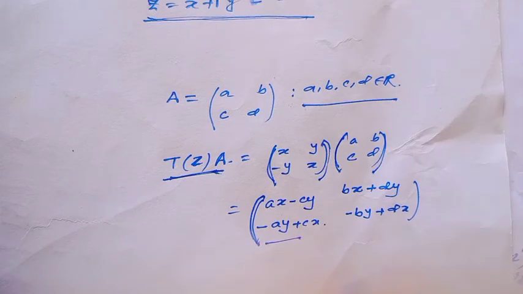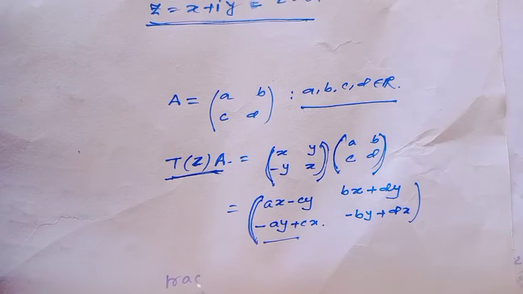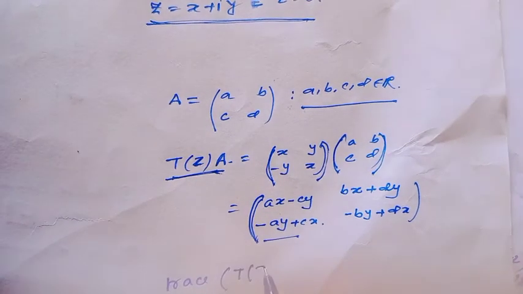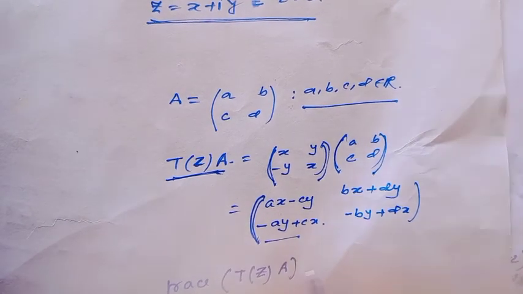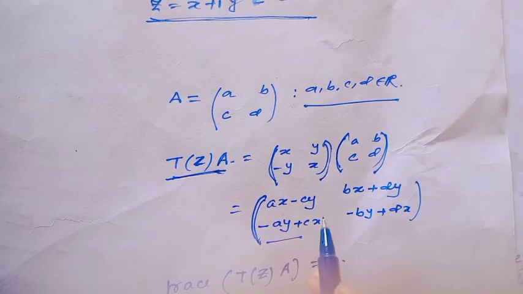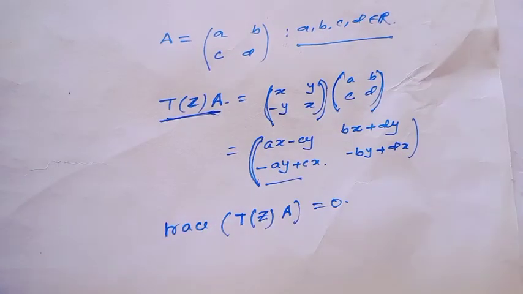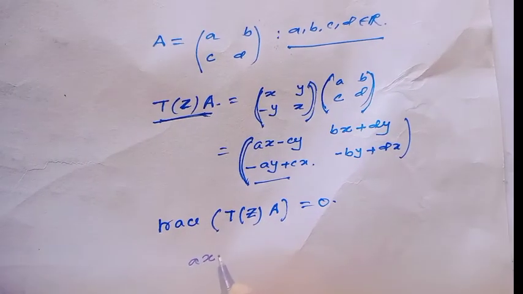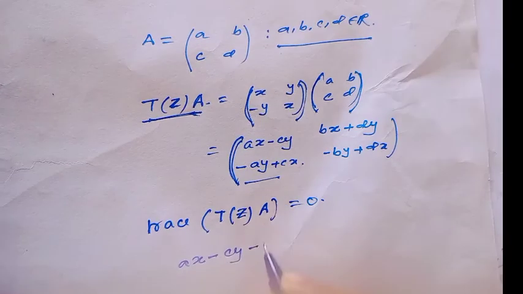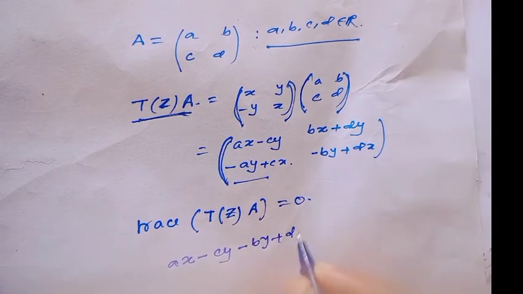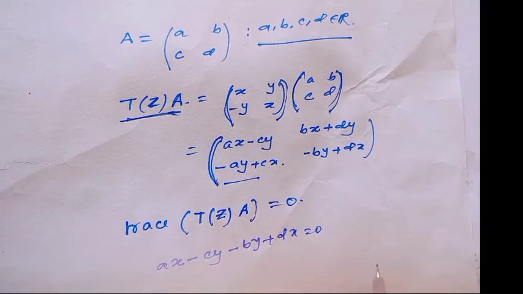Now we have to check trace of TzA equal to 0. And all of us know trace means the sum of the diagonal. That means ax minus cy minus by plus dx equals 0.